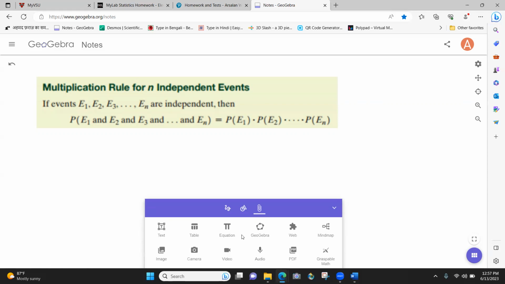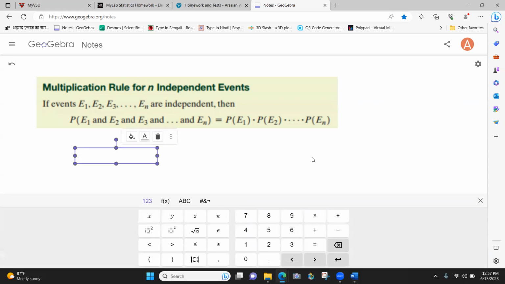Let me write it down, okay? The probability of getting a six when you're rolling a die is 1/6. The probability of getting a king when you're drawing a card from a standard deck of cards is 4/52. And the probability of getting a head is 1/2. And you multiply it just like you would expect.